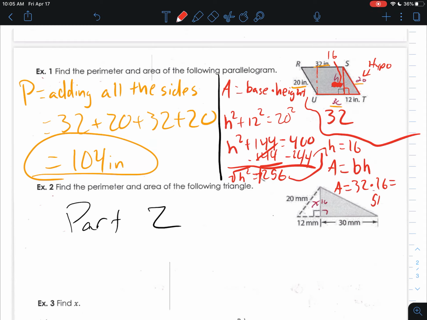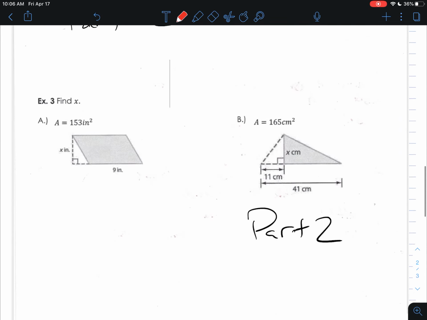And then that would equal 512 inches squared. Okay, you need to make sure that we label correctly. It's super important. All right, and then moving on to the next example.